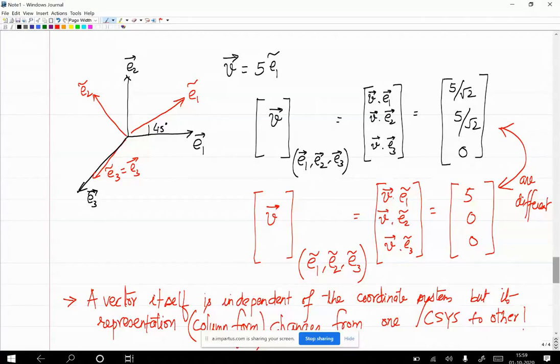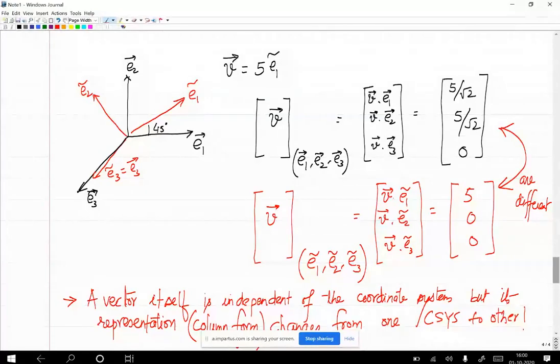So why did we specifically talk about this point for vectors? Will this be the same for scalars and tensors also? Yeah, but why do we say it? Because students always get confused. So you have to always remember that there is a difference between a vector and its column form.